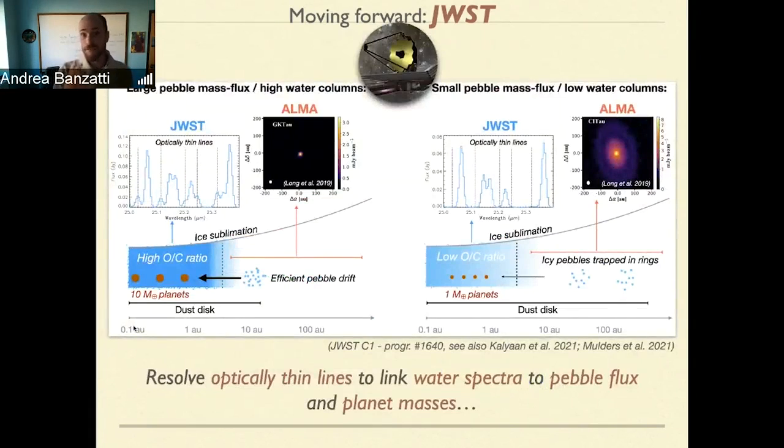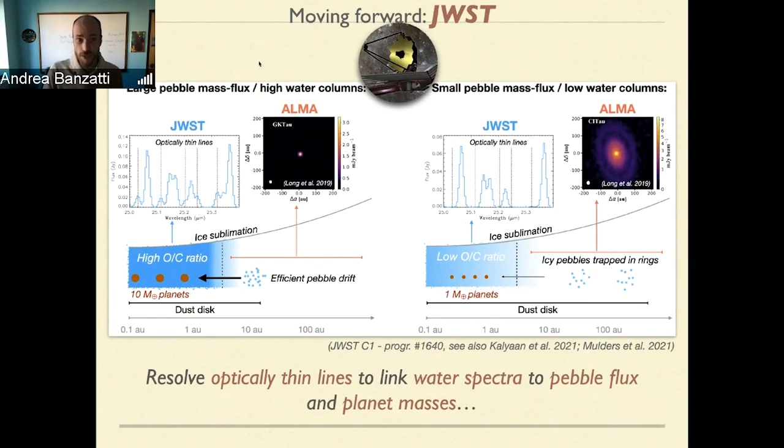And so this brings us back to the full story, to closing the circle of this program that was approved in cycle 1. We will be targeting a sample of disks all the way from the smallest, seen with ALMA, 10 AU, all the way to the largest, 100 to 150 AU, that have rings that are retaining pebbles in the outer disk.